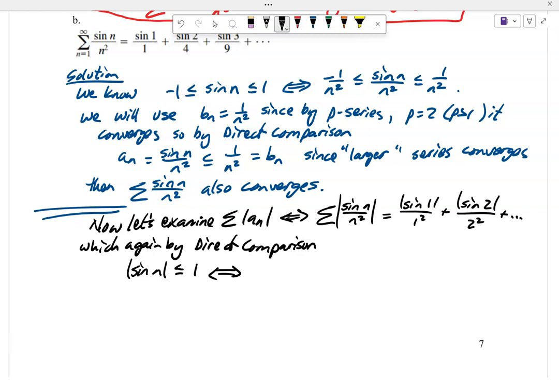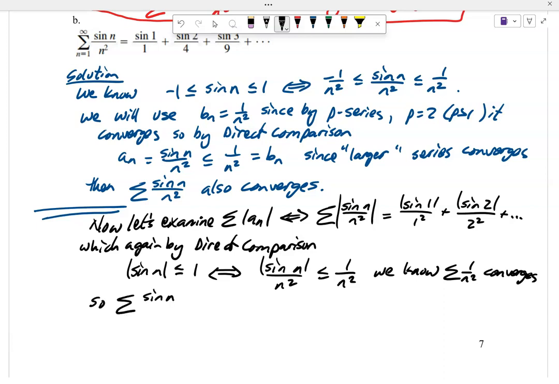And so the absolute value of sine of n over n squared would be less than or equal to 1 over n squared. And we know this larger one converges. So the absolute value one also converges. If the larger one converges, then the smaller one we're comparing it to by direct comparison also converges.